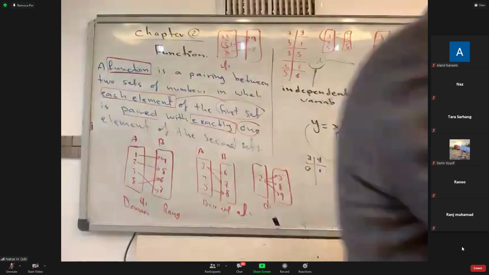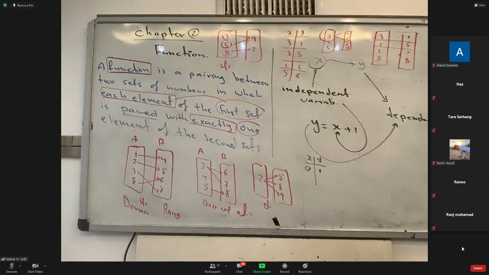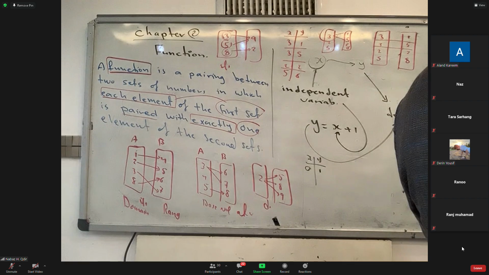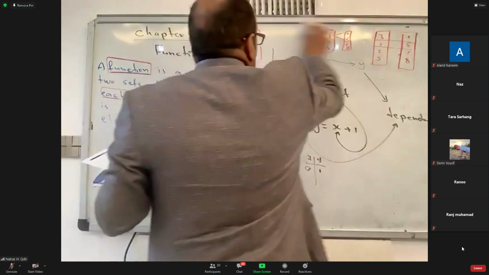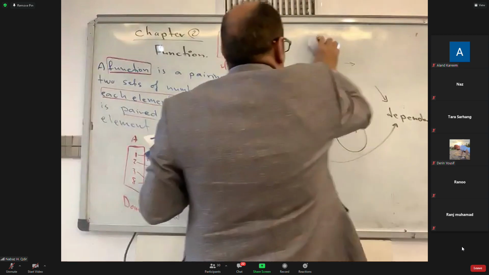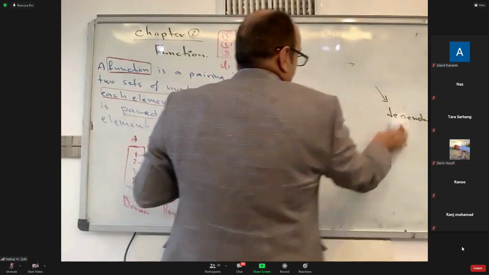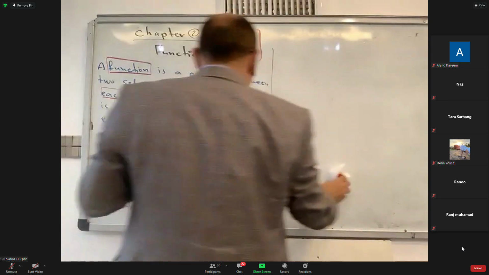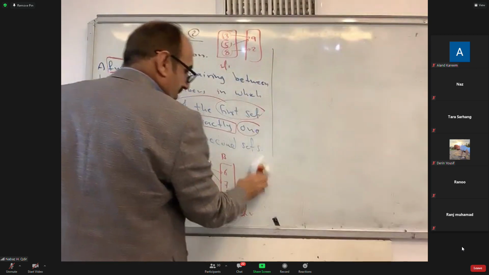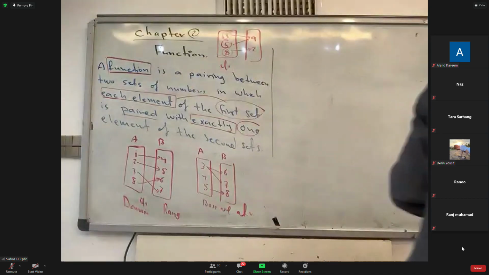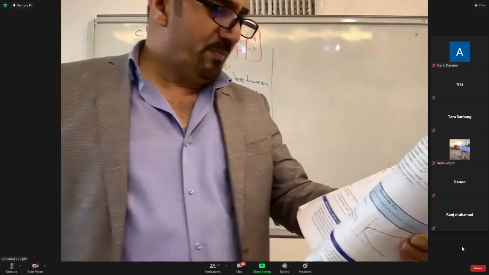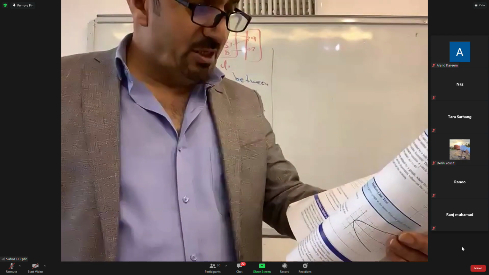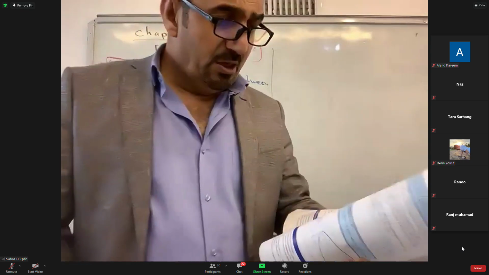Let's go to the examples. Example number one. Example number one is saying, state whether the data in each table represent a function or not.